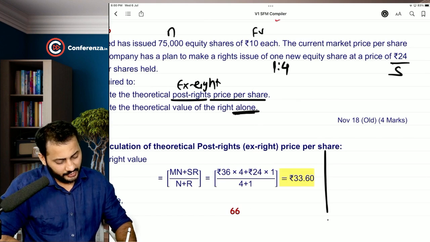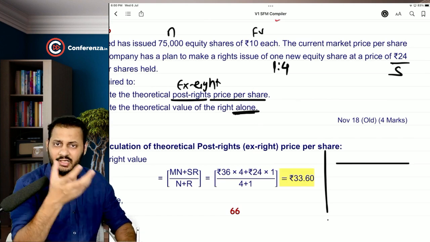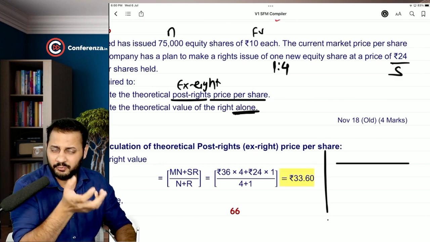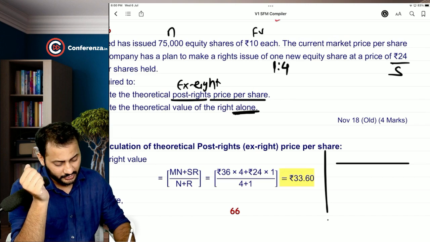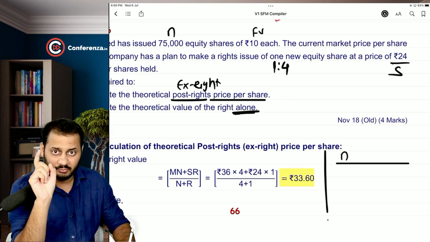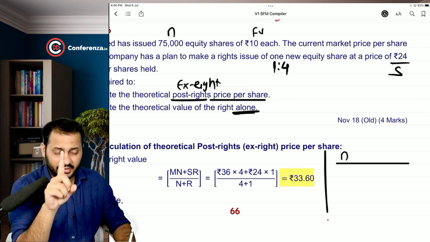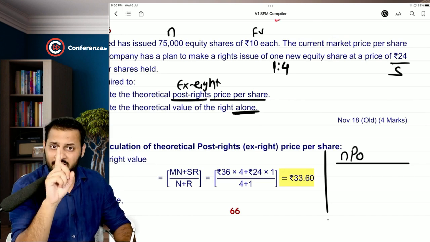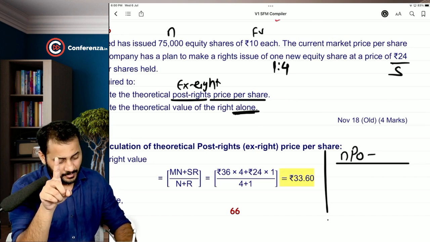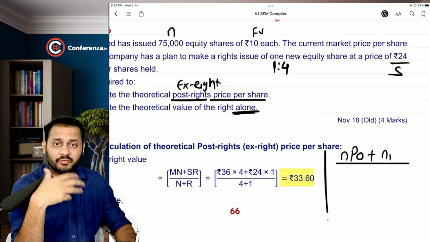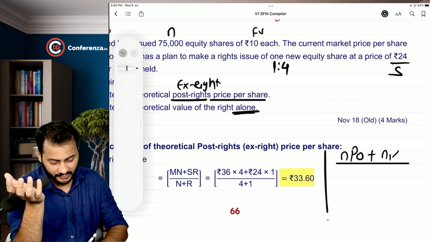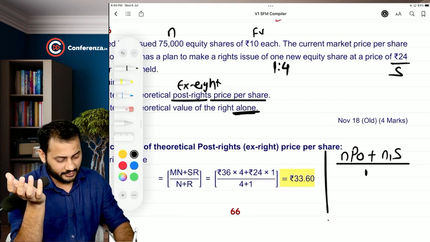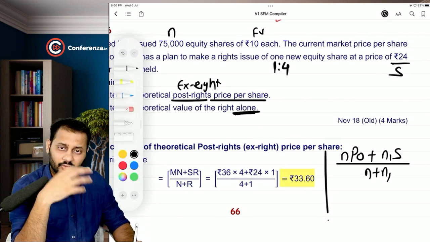In the numerator, we will take the pre-right market value plus additional funds raised divided by the total number of shares. So it will be N, the number of shares before the right issue, P0, the market price before the right issue, plus N1, the number of new shares that you are issuing at the subscription price. So N1 into S divided by N plus N1. Am I right? The total number of shares.